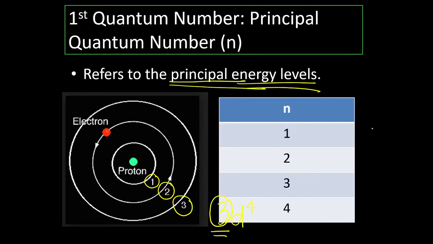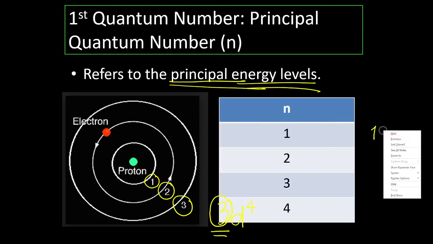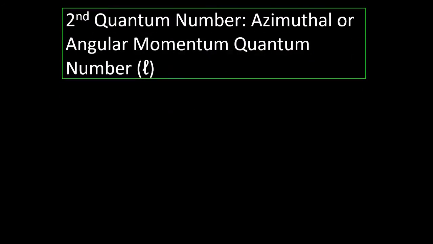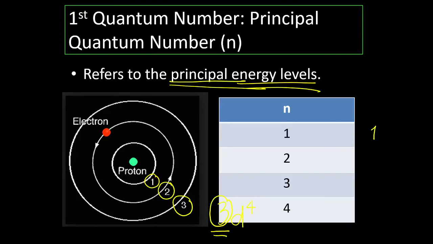For example, sa 1s1, pilay energy level ani, sir? 1. Sa 2s2, mao ni energy level. Sa 3s1, mao ni energy level.